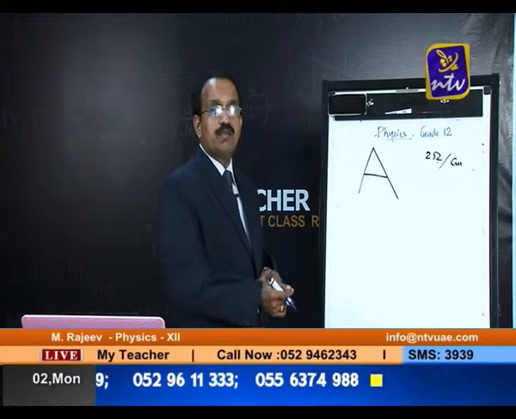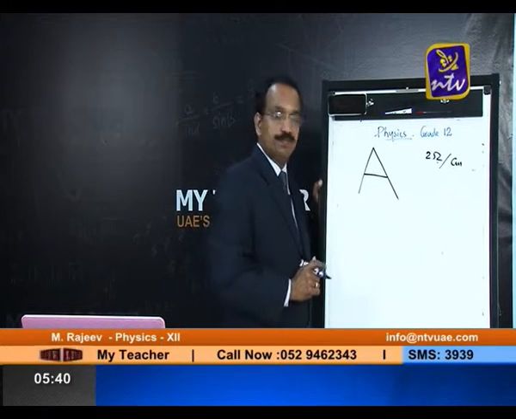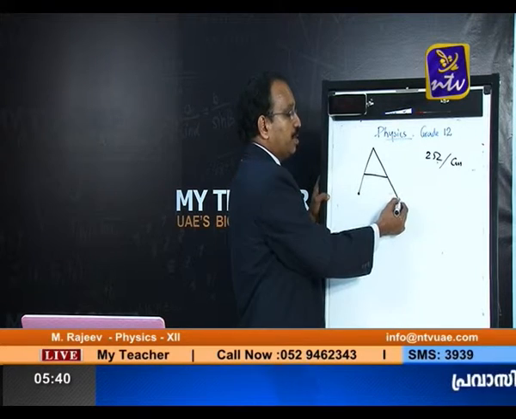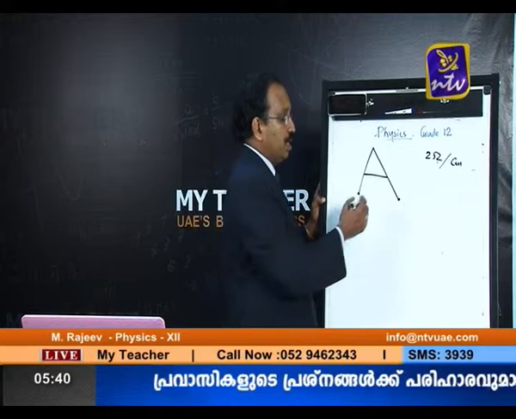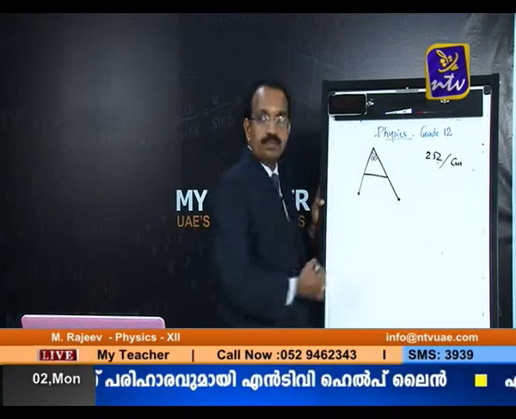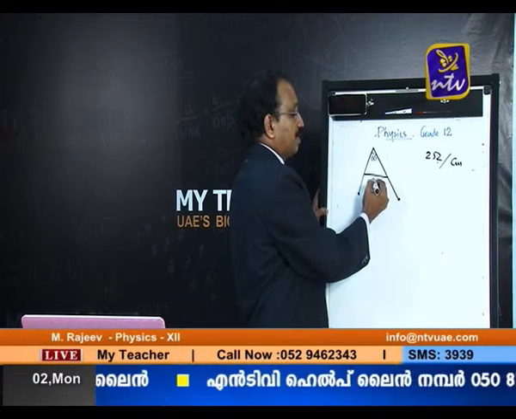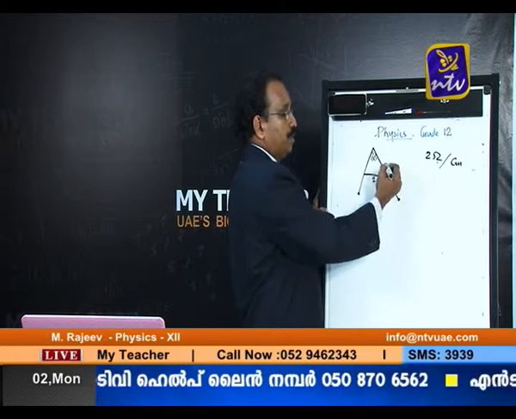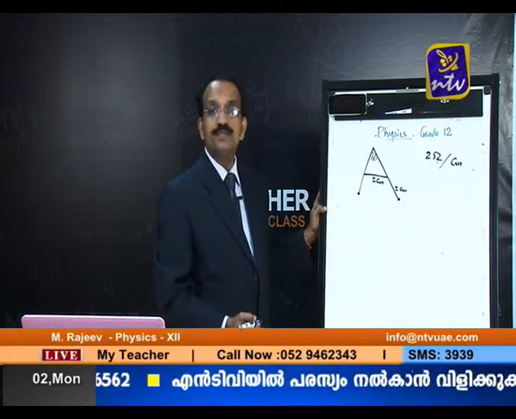We're going to find the effective resistance between its ends. What else is given is this angle of 60 degrees, and this side is 2 centimeters, and this also 2 centimeters. It's all given like that.